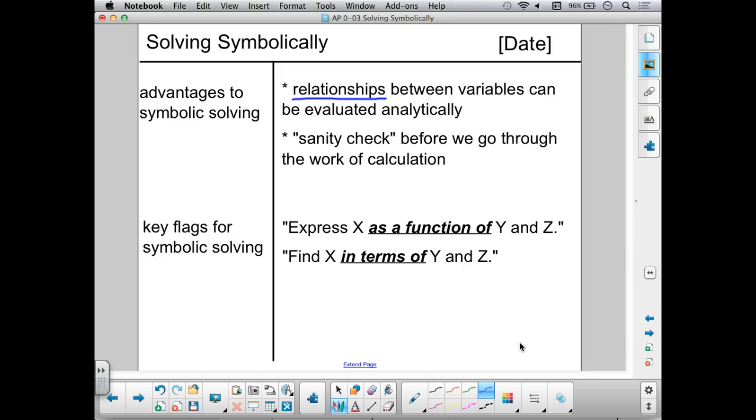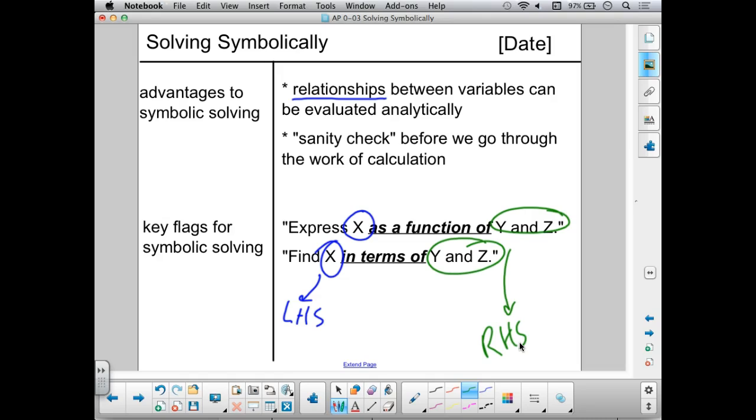Key flags for symbolic solving. If you ever see these phrases, express x as a function of y and z, or find x in terms of y and z, it's asking you to put x, whatever it is, could be velocity, could be temperature, could be tension, could be wave speed, whatever the variable is, you want that on the left-hand side of your equation, and you're going to want to put these other things on the right-hand side of the equation.